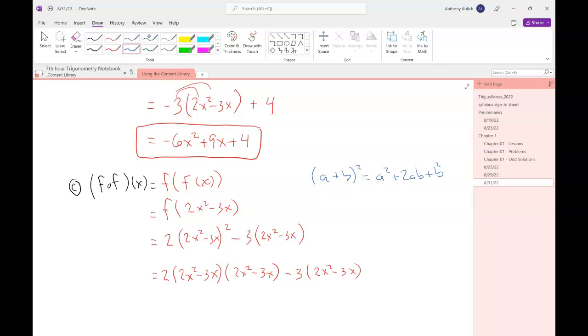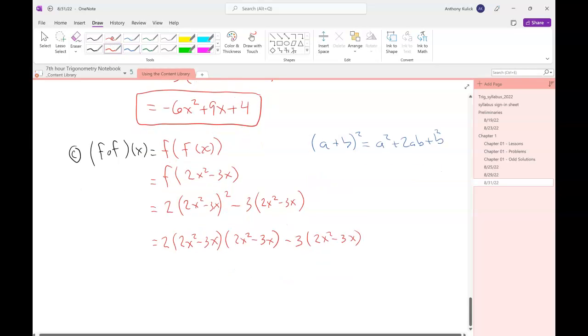Remember that? Perfect square factoring pattern. I can use that to do my foiling here, where this is my a and this is my b.